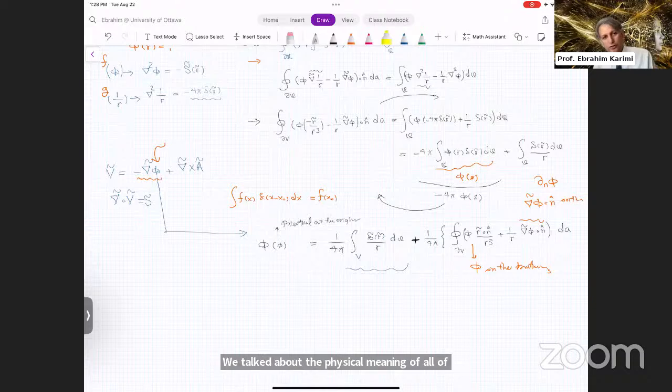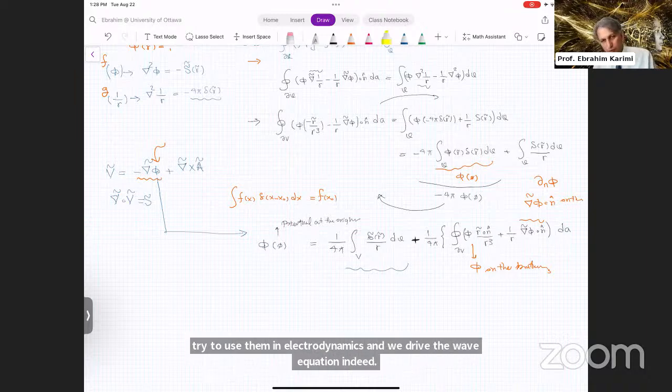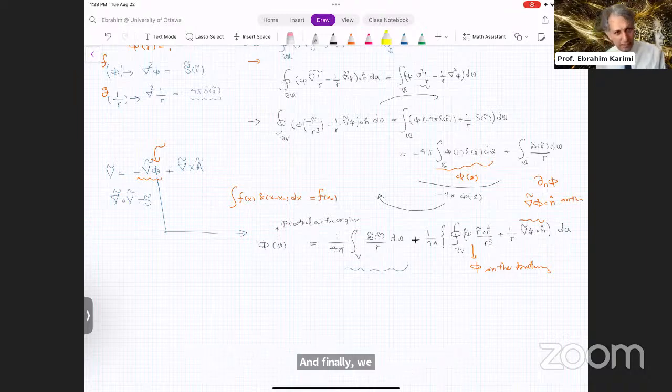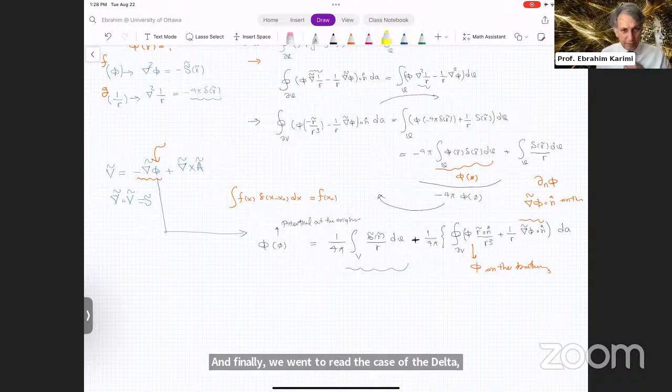We tried to use them in electrodynamics, and we derived the wave equation. Finally, we went to the Dirac delta, which is extremely useful to describe the distribution of point charges. And we said why we care about all of them: because they can uniquely determine a vector function in space if you give the proper boundary condition.